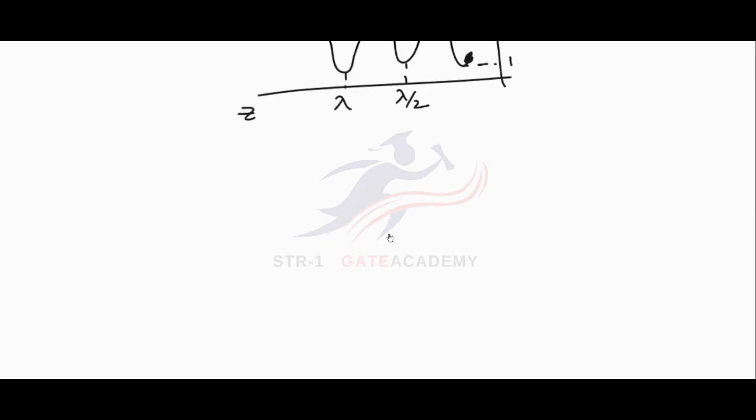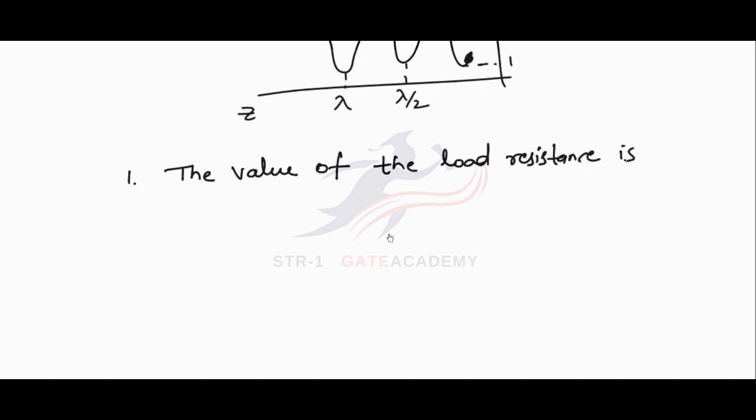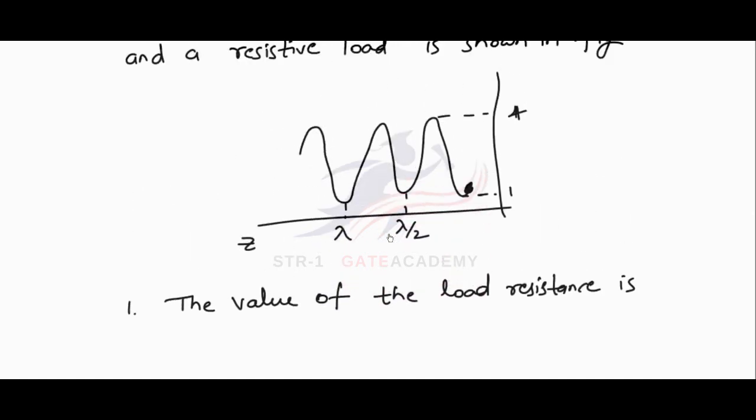Now the question is the value of the load resistance. So the first part of this question is I have to find the load resistance. Now look at the VSWR pattern first.